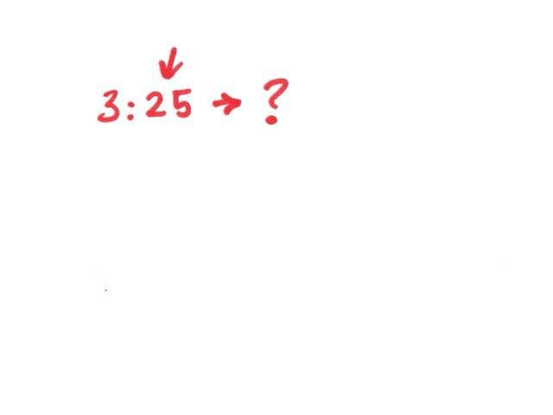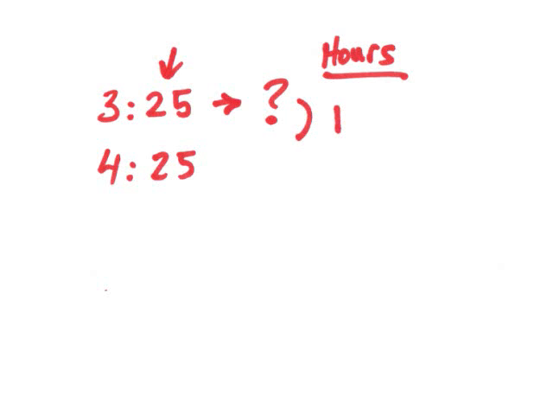So what we do is we look at the minutes part of that starting time, which is 25 in this case, and we bump it up by 1 hour, so that would be 4:25. Remember to keep the minutes part the same. And then on the right-hand side here, we're going to keep track of how many hours we're adding. So we draw a little bump thing, and then we write a 1 for that being 1 hour between 3:25 and 4:25.